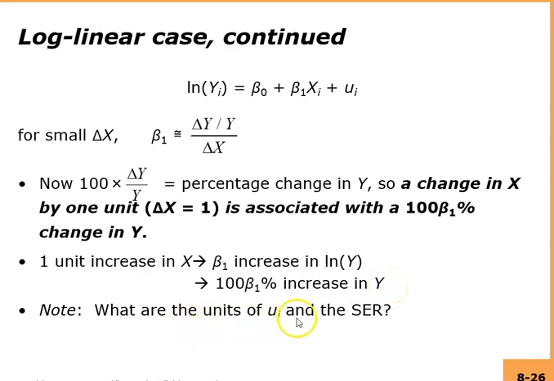So what are the units of u, the residual, and the standard error of regression in this scenario? The units will change over here because remember that we have log of y as the dependent variable. So the units of u and SER, the standard error of regression, will also be in terms of log of y rather than in terms of y.